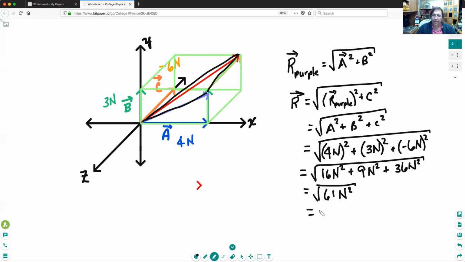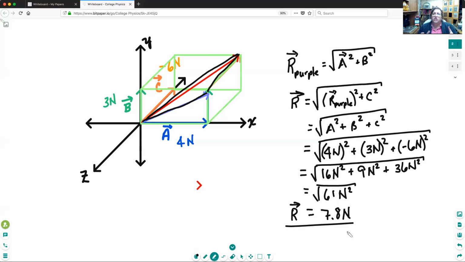And therefore, in this case, our resultant vector R is going to be 7, I think it's 7.8 newtons.